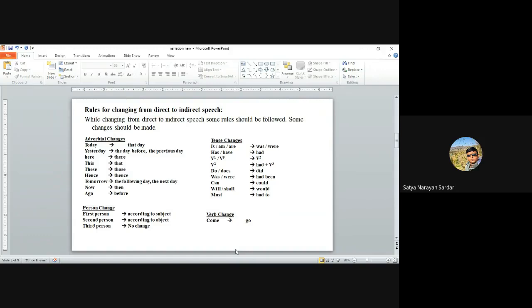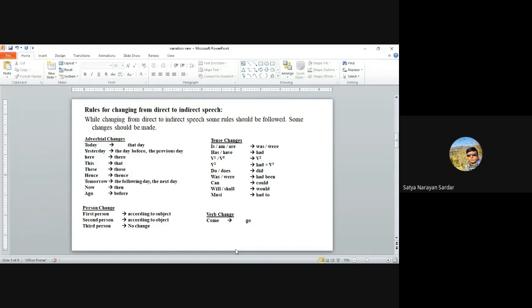If you go towards adverbial changes, today can be changed into that day, yesterday into the day before or the previous day, here into there, this into that, these into those, hence into thence, tomorrow into the following day or the next day, now into then, ago into before. These are some of the adverbs that need to be changed while changing from direct to indirect.